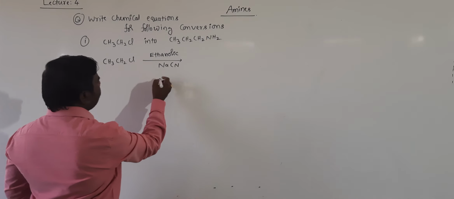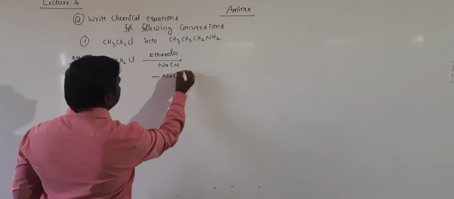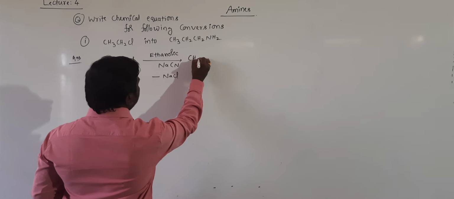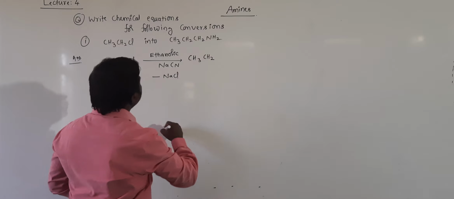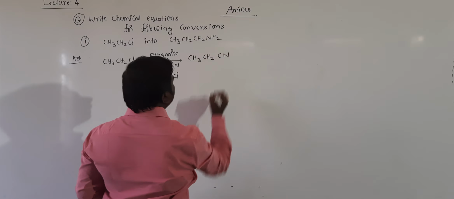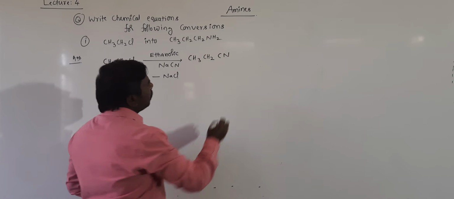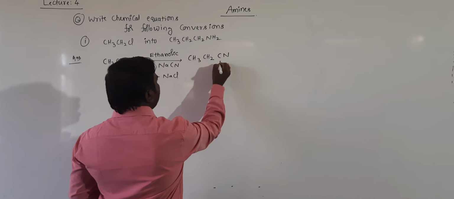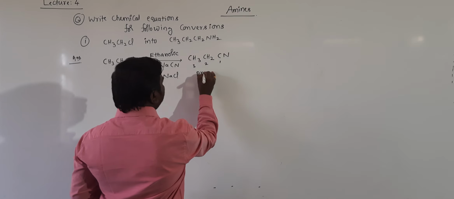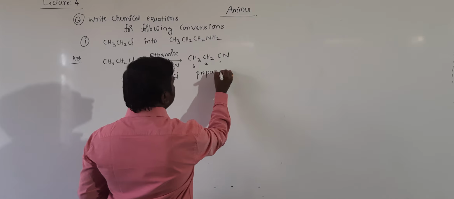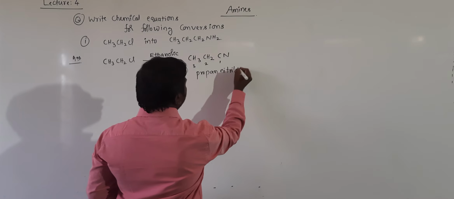Then sodium and chlorine are removed as NaCl, and cyanide will be substituted in place of chlorine, CN. Right students? So it becomes propane nitrile.